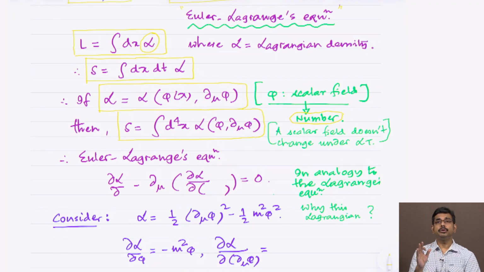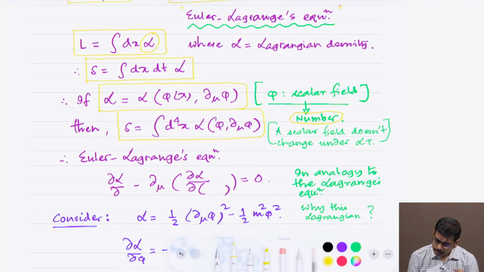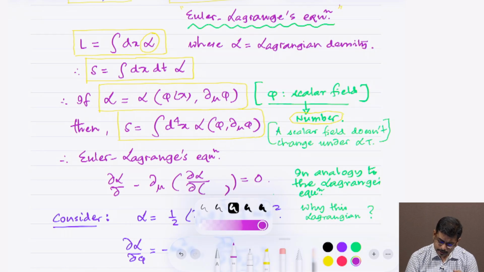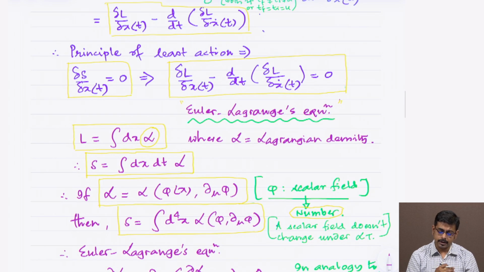Now, the question that we would like to ask is: we have changed the Lagrangian from the classical one, a function of x and x dot, to a function of phi and del mu phi. What changes do we envisage for the Euler-Lagrange equation of motion? The Euler-Lagrange equation of motion for the classical case was del L del x of t minus d/dt of del L del x dot of t.